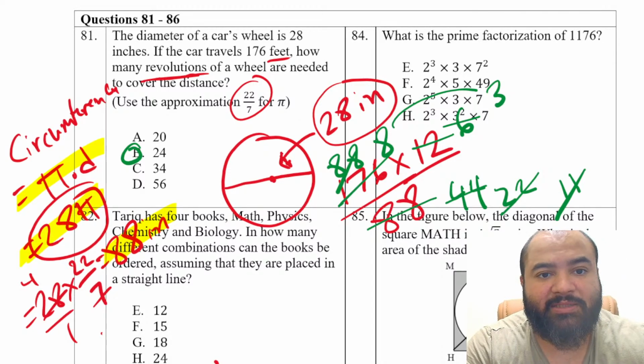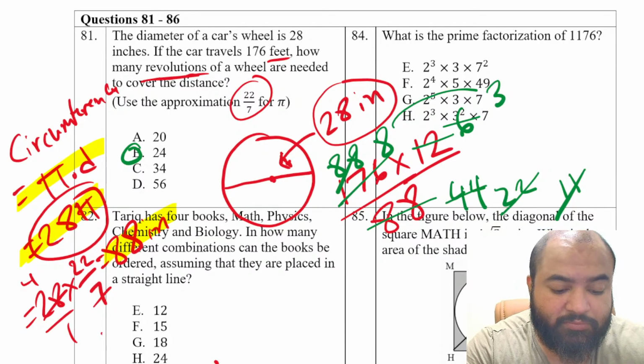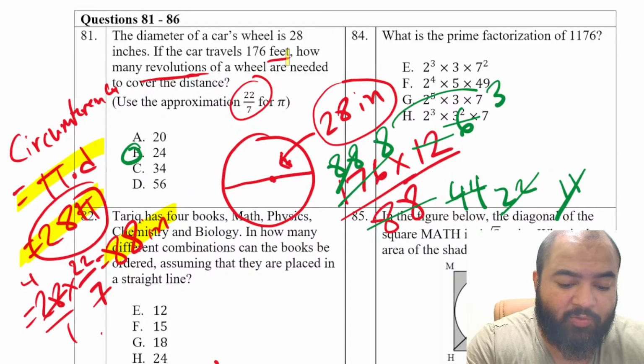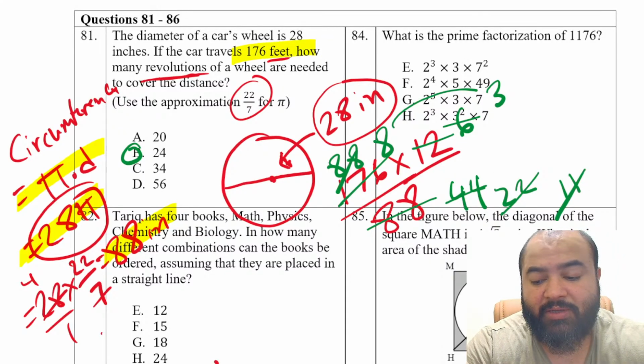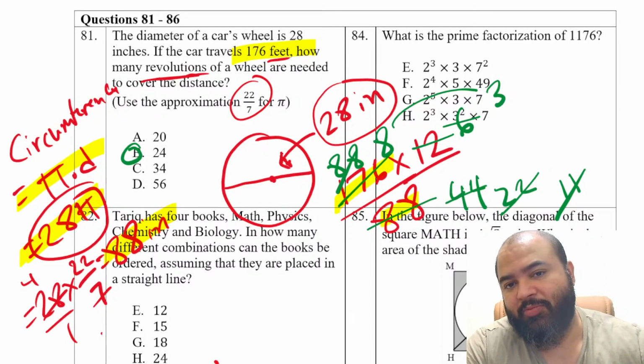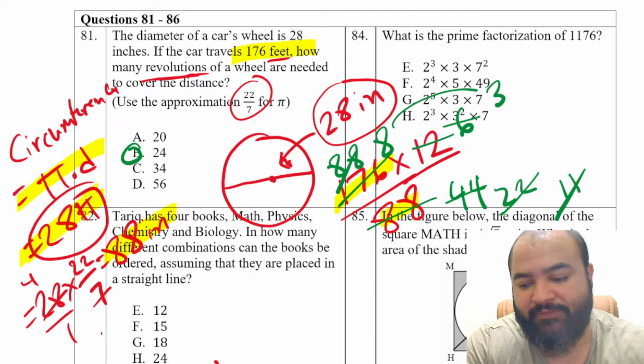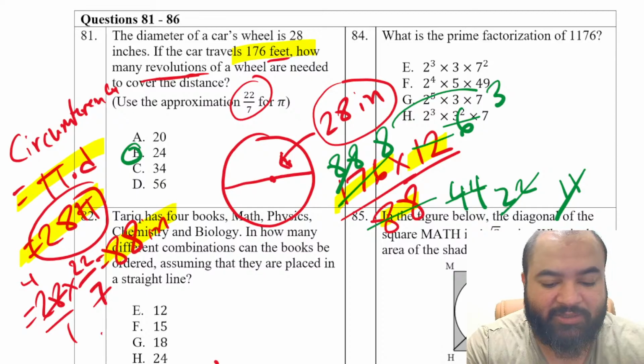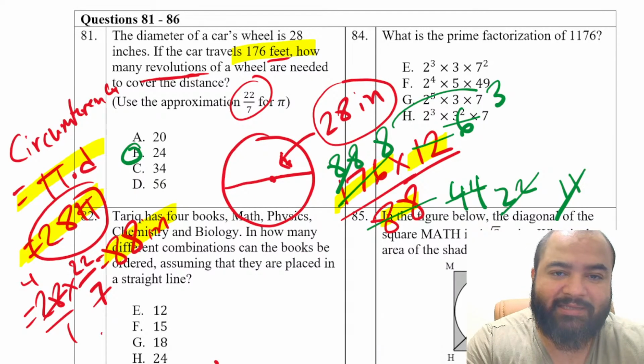Do you understand that, guys? The 28 pi is the circumference, means one revolution. Good. Then we have total 176 feet to cover. So we divided 176 by 88. But the problem was 176 was in terms of feet. So I multiplied it by 12. And then I just simplified.